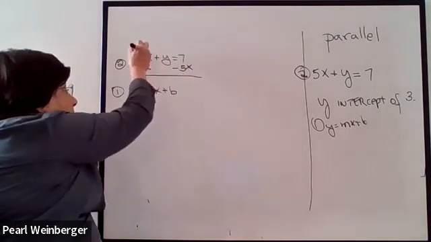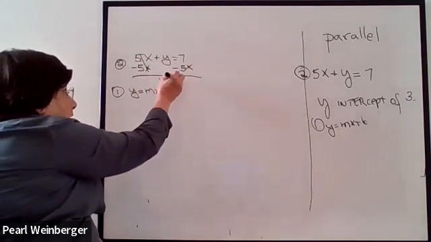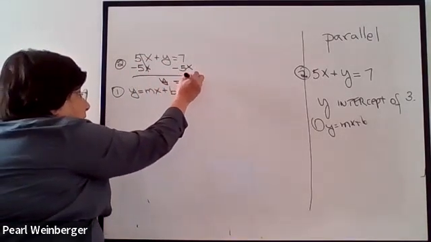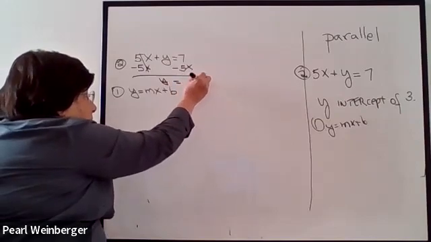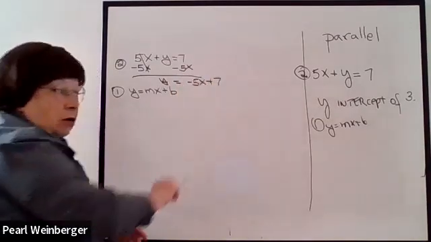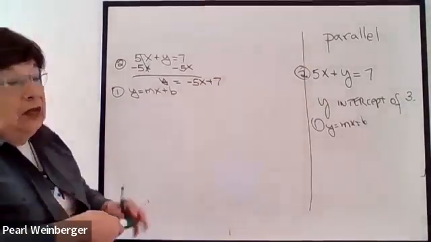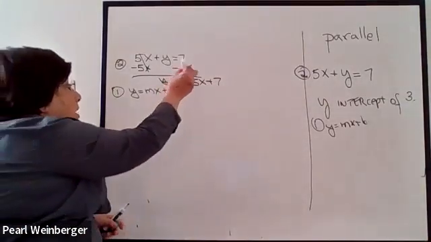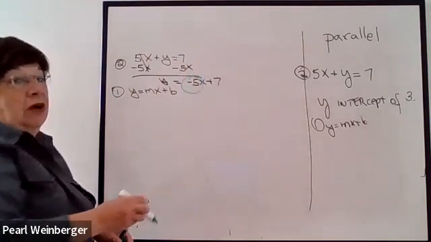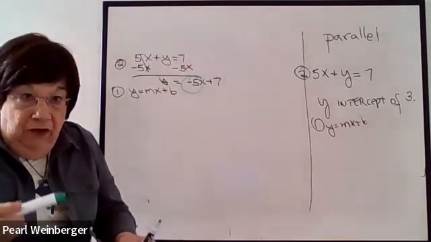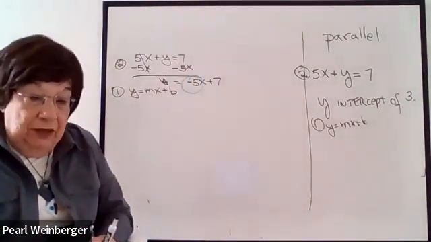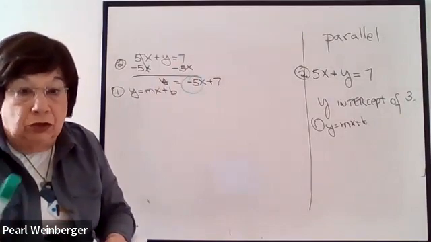Then I get y equals negative 5x plus 7, which tells me that the slope of the line is negative 5. Once we have y equals mx plus b, we know the slope of the line.